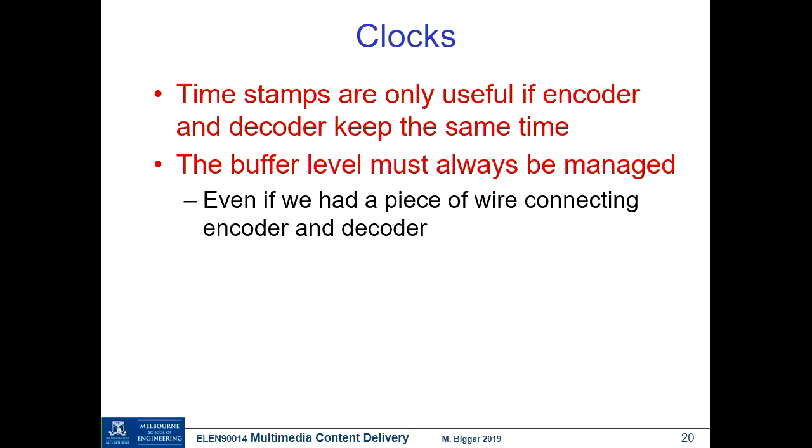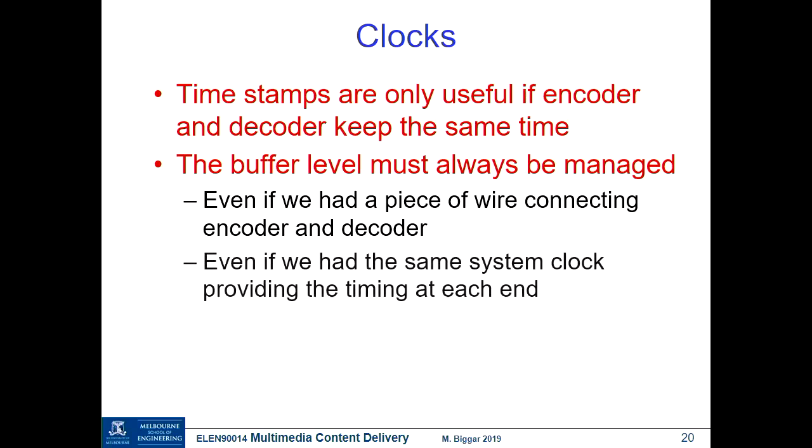Even if we had just a piece of wire connecting the encoder and decoder, it doesn't have to be a packet switch network, we still need to make sure that we understand what our buffers are doing, that they won't empty or overflow, because our clocks are different.